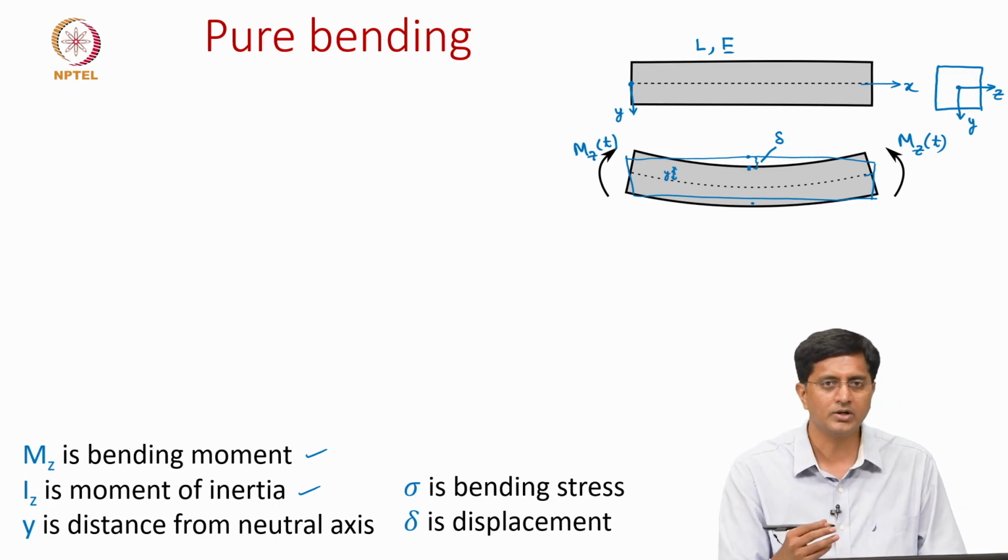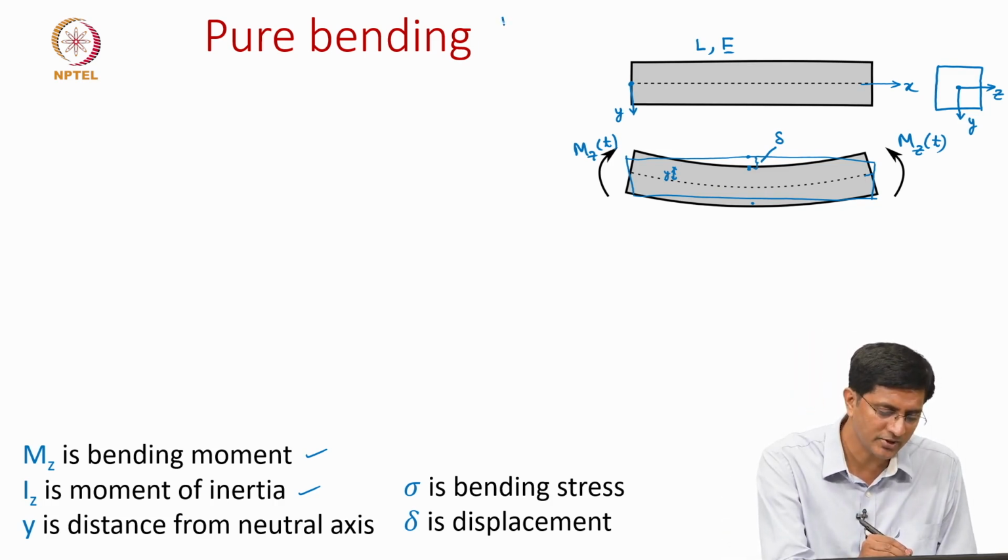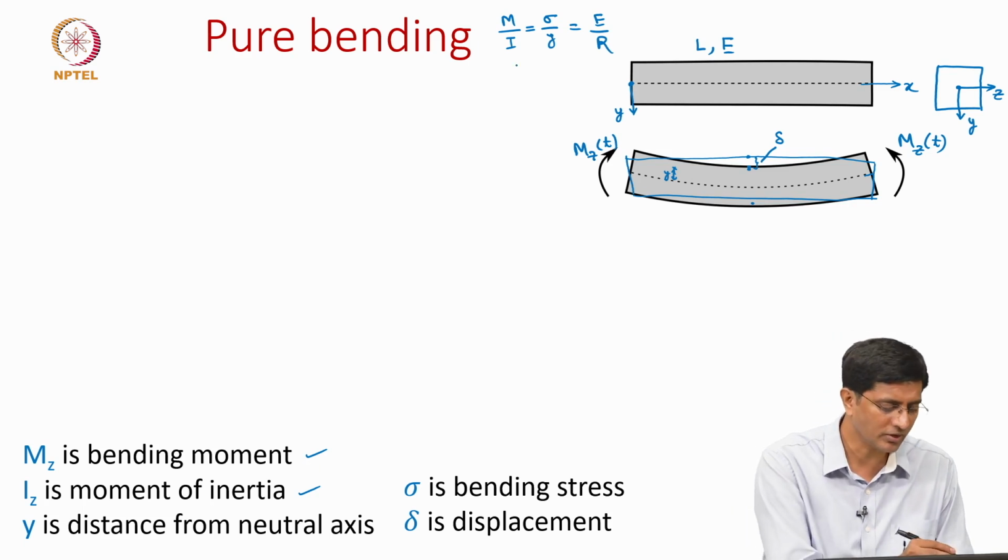Now let us look at how we write the bending stresses in the beam. From the solid mechanics course we know we write this expression: M by I is equal to sigma by y is equal to E by R. We will use this expression to write the bending stresses.